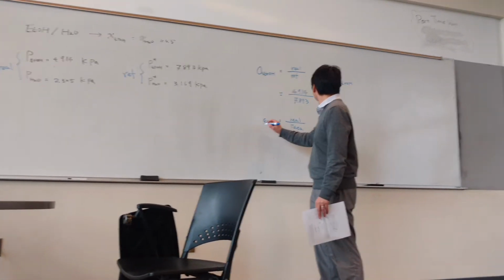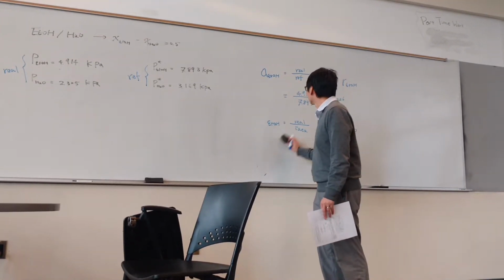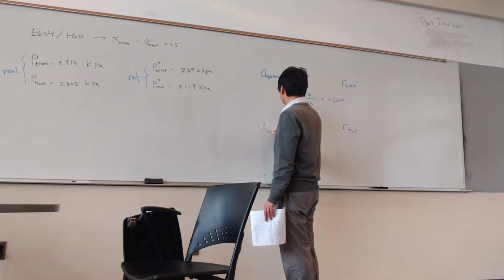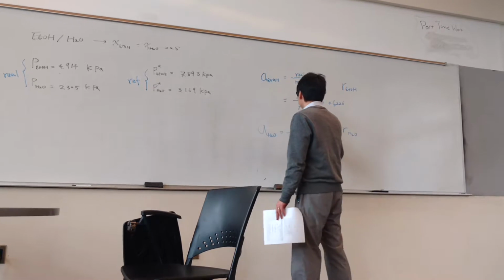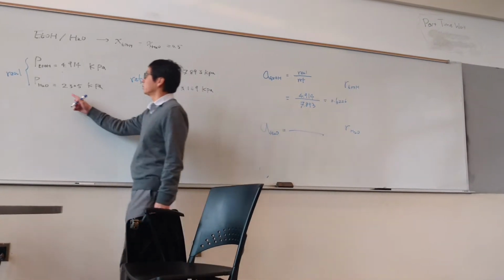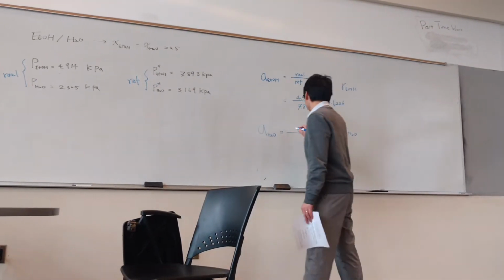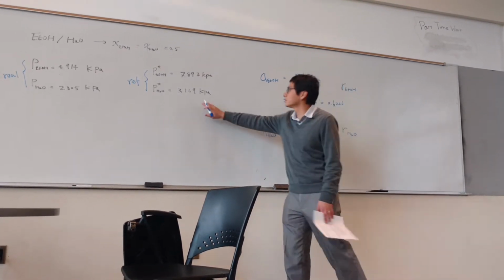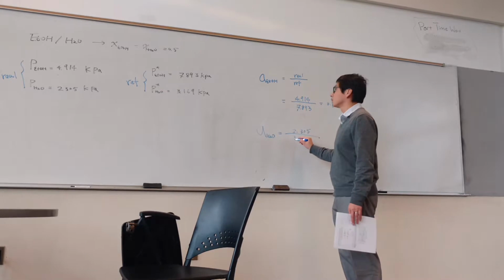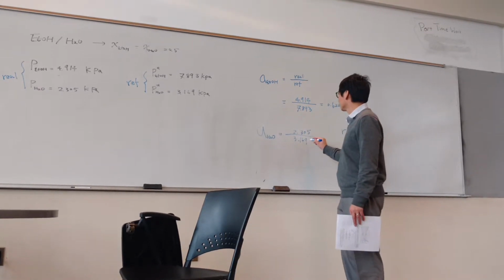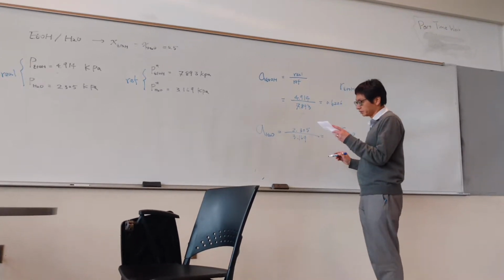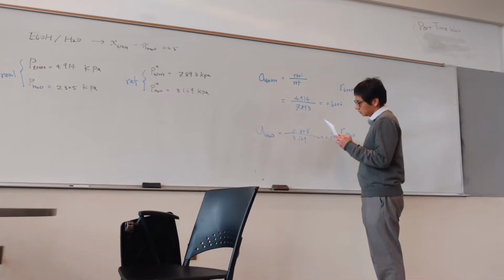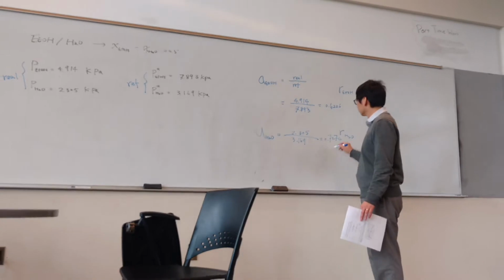And your A H2O is going to equal the vapor pressure of your H2O, 2.305, and your reference state is 3.169. This gives you a number of 0.7274.